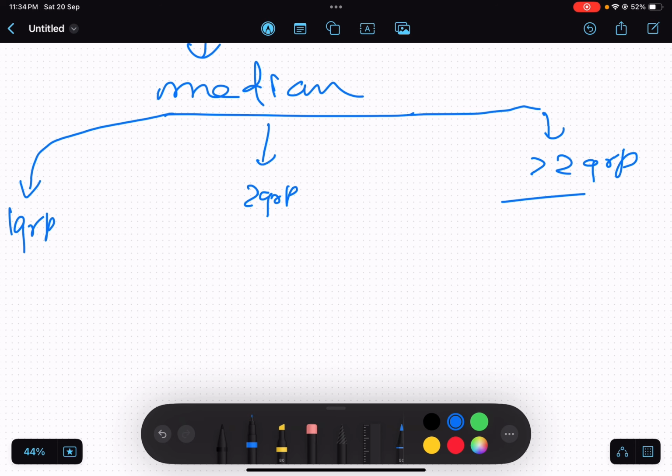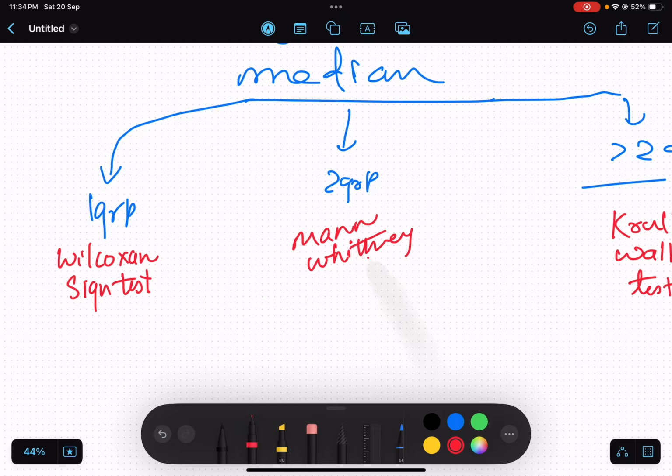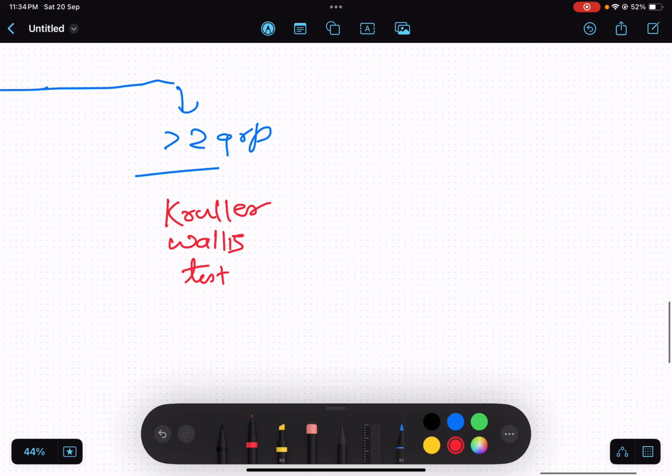Here it is the Kruskal-Wallis test. Just remember the name. For one group it is Wilcoxon sign test. For two groups it is Mann-Whitney U test.